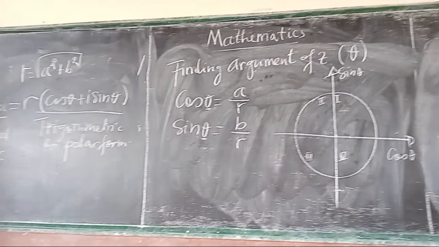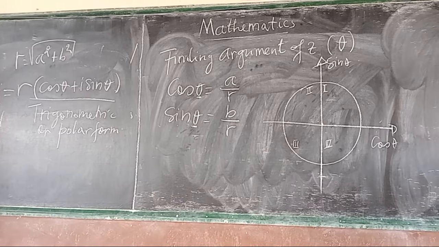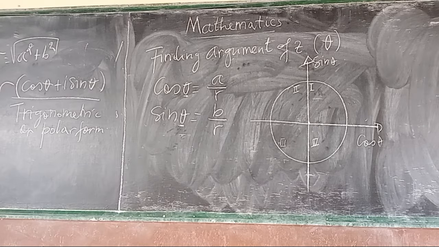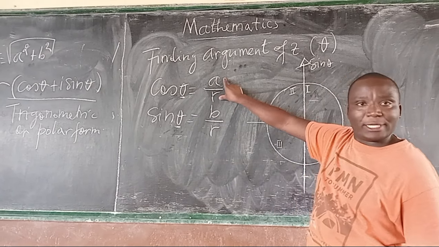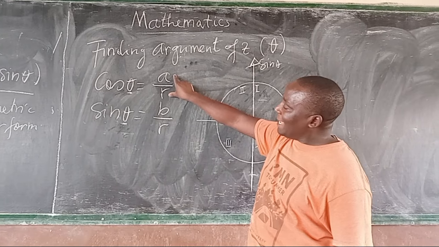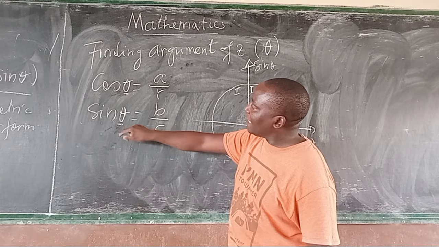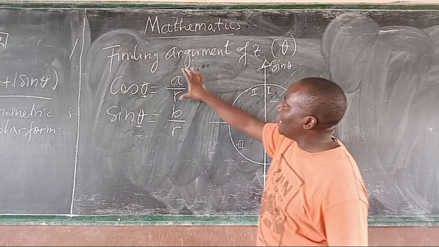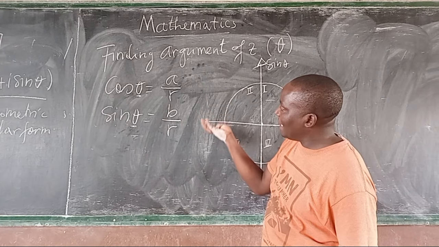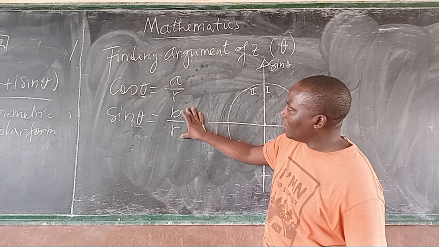I'm going to use a simple technique. Look, I have here the value of the sine of angle theta, and again the value of the cosine of angle theta. I have the value of the cosine of theta in my hand, and again the value of the sine of that angle theta.